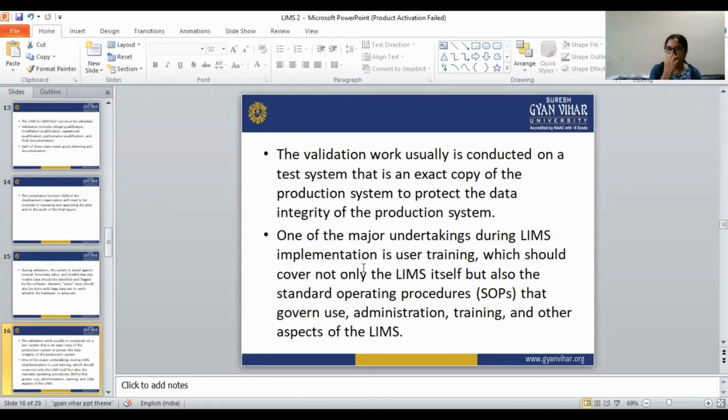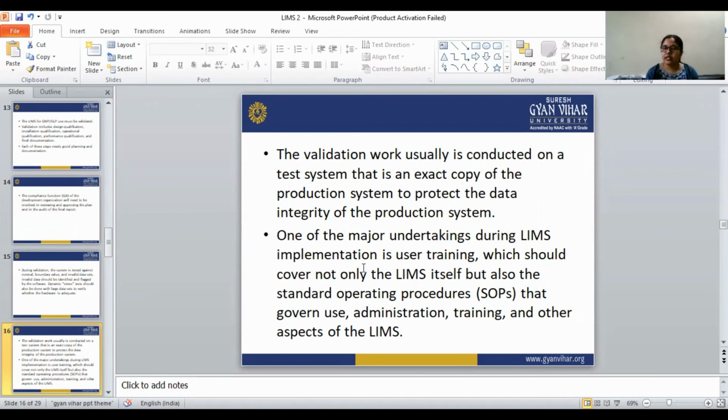To protect the data integrity of the production system, to secure the data of the production system. So validation is conducted on a test system that is an exact copy of the production system to protect the data integrity or data security of the production system.